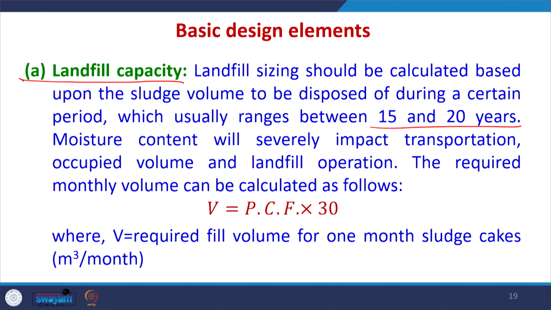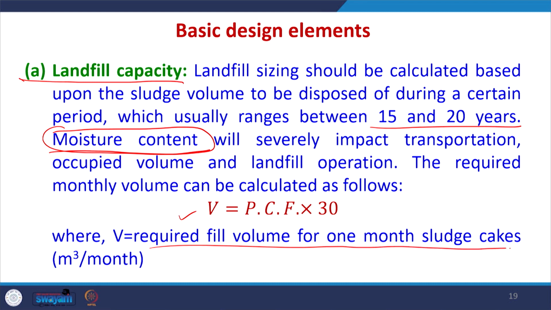Moisture content will severely impact the transportation, occupied volume and landfill operation. So, this is the most important consideration. If we can take care of this, the required monthly volume can be calculated as follows. V is the required fill volume for 1 month of sludge, V = P × C × F × 30.